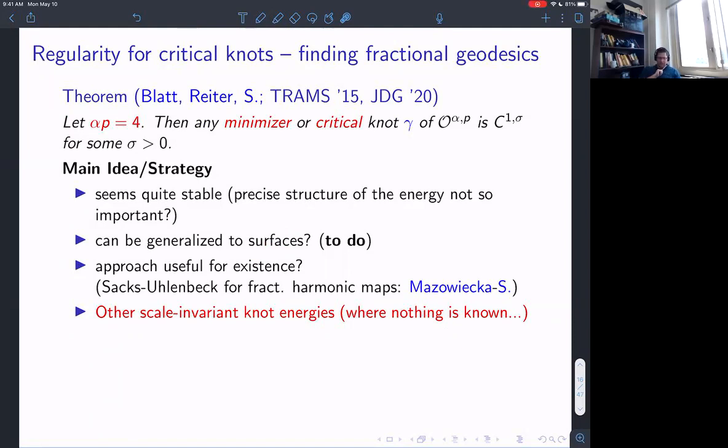at least in the scale-invariant cases. Something that I didn't talk about that much, and we cannot really do anything for now, but we move slowly forward, is the existence theory. We try to attack this by Sacks-Uhlenbeck theory, which is well understood for harmonic maps. We can extend this to fractional harmonic maps. Now the question is, can we extend it to the knot situation?